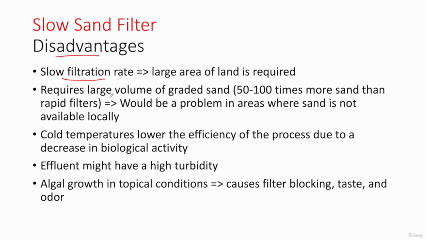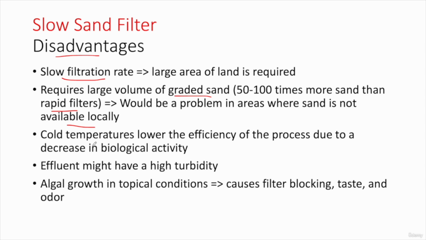It also requires large volume of graded sand, so we need around 50 to 100 times more sand than rapid filters. And this would be a problem in areas where sand is not available locally. So if you want to import the sand media, then this would not be really feasible.